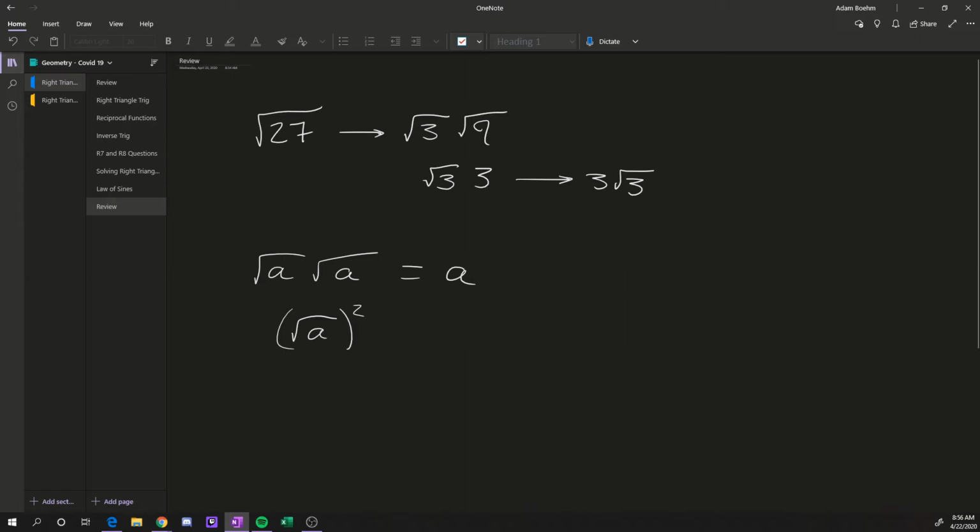The square root of a is really a to the 1/2, and when you have a to the 1/2 squared, this exponent and this exponent come together, and it just becomes a to the first. Again, you do not have to know that right now, but that's what's actually happening. I'm not going to expect you to rewrite that or use that in any way, shape, or form, but that is how that works.